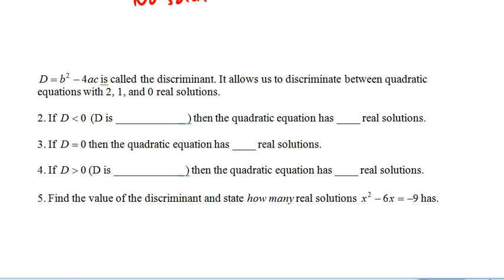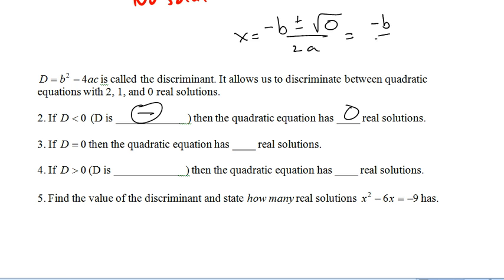Okay, so again, if D is less than 0, otherwise known as negative, then the quadratic equation has no real solutions. If D is 0, I'd end up with negative b plus or minus the square root of 0 all over 2a, which would just be negative b over 2a.